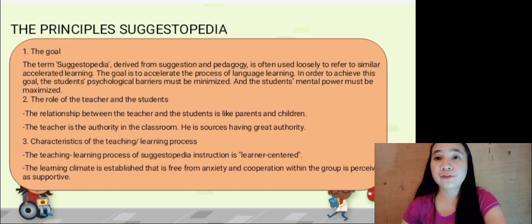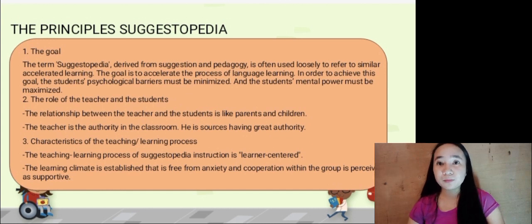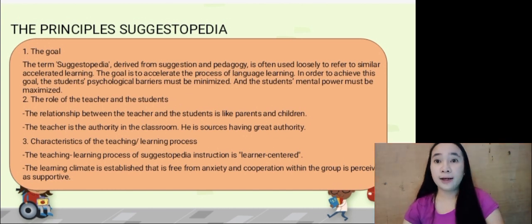Next is the role of teacher and students in this method. In this method, the roles of teachers and students are like parents and children. The teachers have authority inside the classroom, and the role of the students is to rely on their teachers. Once the students and teachers connect to each other, they create a bond.